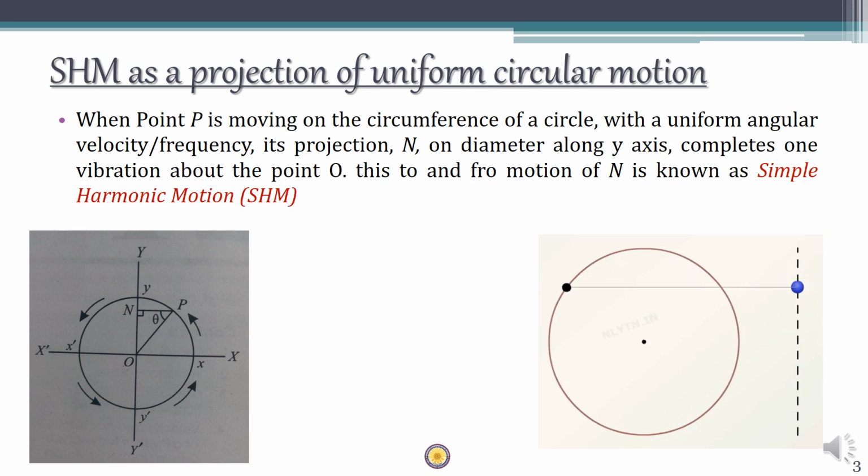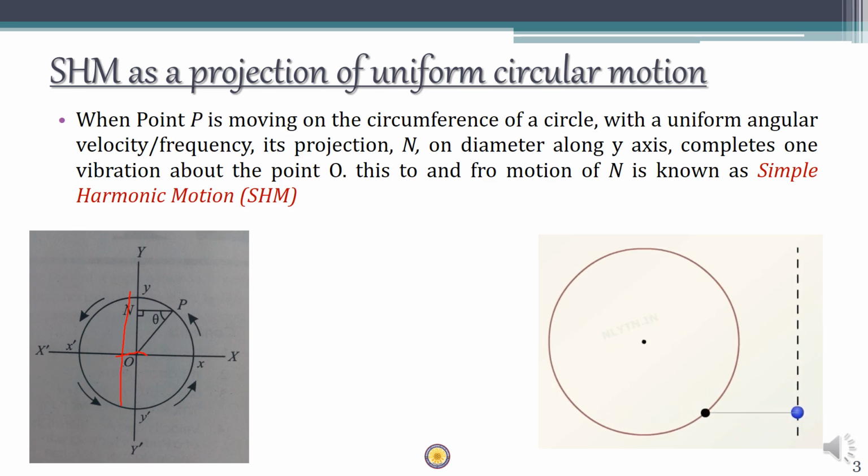Okay, then if you take the projection of that particular point moving along the circumference of a circle about the vertical diameter, you can see that the motion of this projection is nothing but a to and fro motion about the equilibrium or the center.